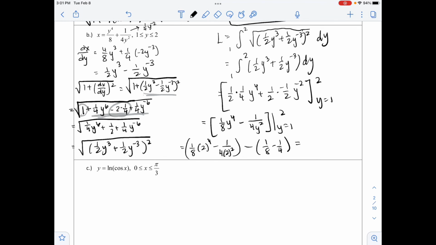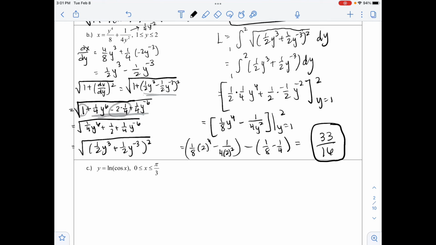And working this out, we end up with 2 minus 1/16 minus 1/8 plus 1/4, which simplifies to 33 over 16. So this is the length of the curve from y equals 1 to 2 of x equals y to the 4th over 8 plus 1 over 4y squared.